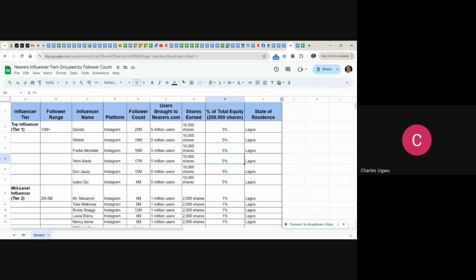She makes hair, and I think on Facebook she has almost 3 million followers. She is living here in the UK. So we have so many of them in the UK, America, Canada, different parts of the world, Nigerians with high followers.